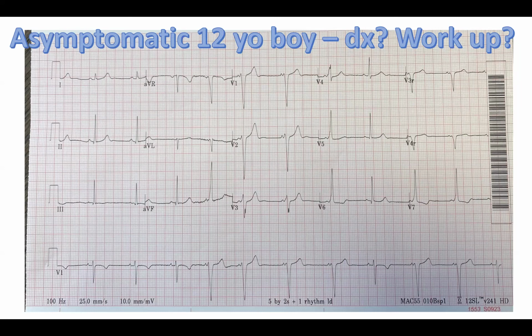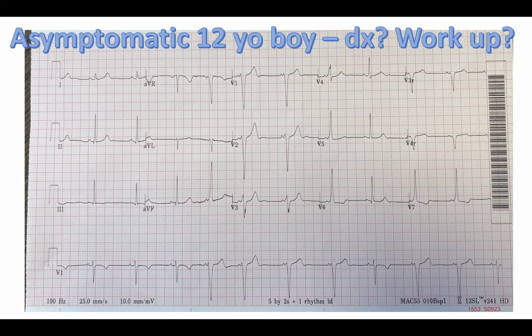I would want to put a Zio, a Holter monitor on him, just to see if he has any episodes of SVT. Although he says he's asymptomatic, and a 48-hour time period may not be the best. Okay, so you do that, and there is no SVT. He's a good historian.